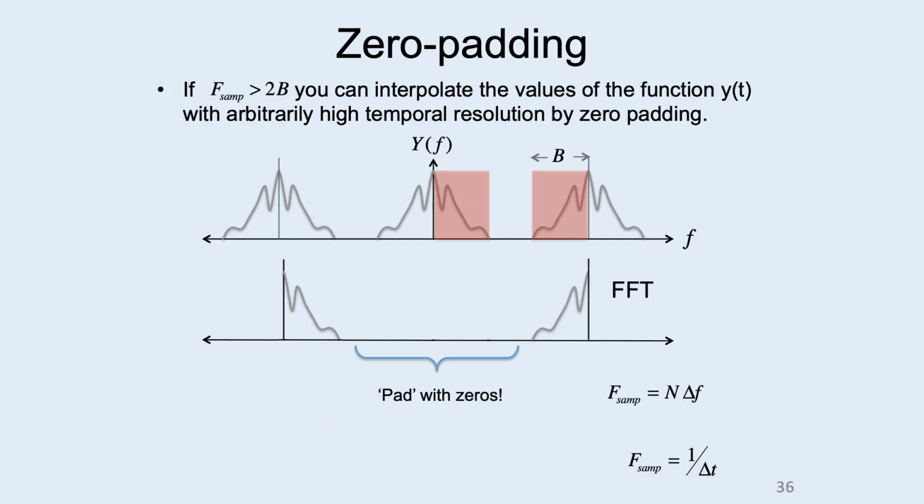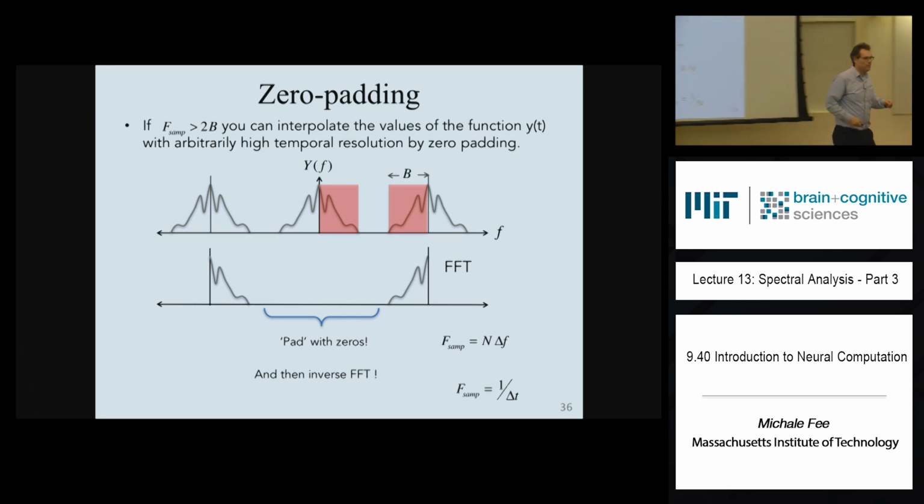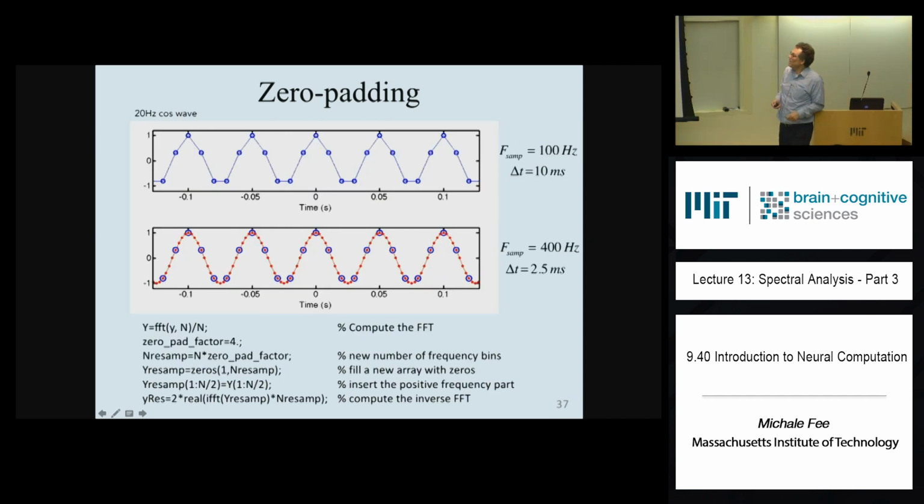Now inverse Fourier transform, and so the sampling rate is just the number of frequency samples I have times delta f, and here I'm just adding a bunch of frequency samples that are 0, and my new delta t is just going to be 1 over that new sampling rate.